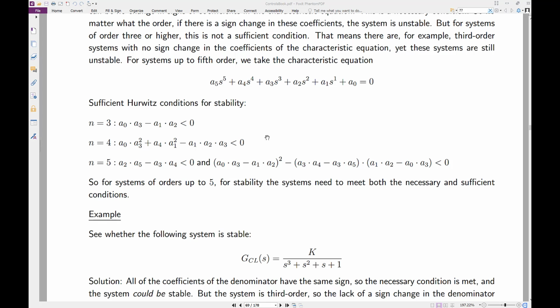But what's important here is you have a necessary condition: no sign changes in the denominator of the transfer function. If the order is 3 or greater, then you have other conditions which give you the sufficient conditions that will tell you whether your system is stable or not. Okay, I'll stop here and start up at this point also.